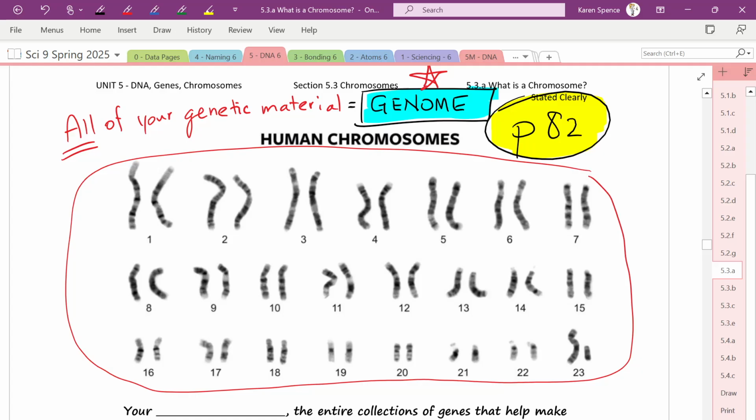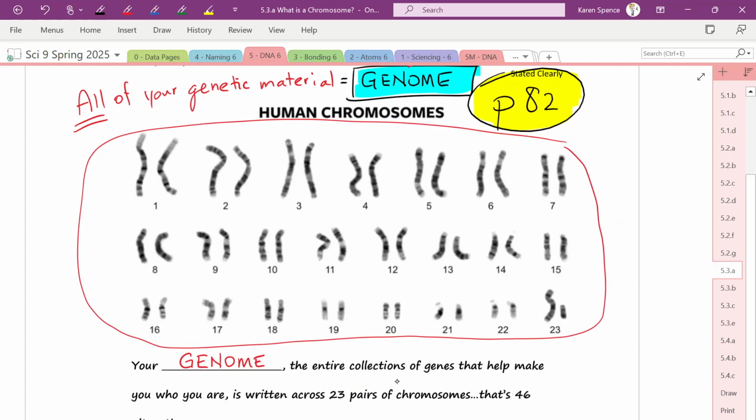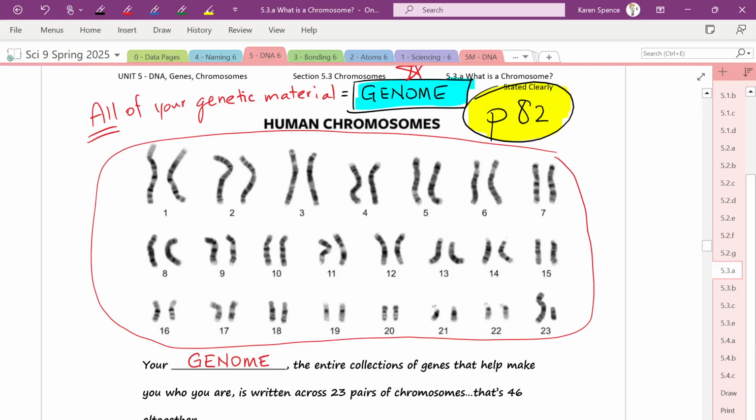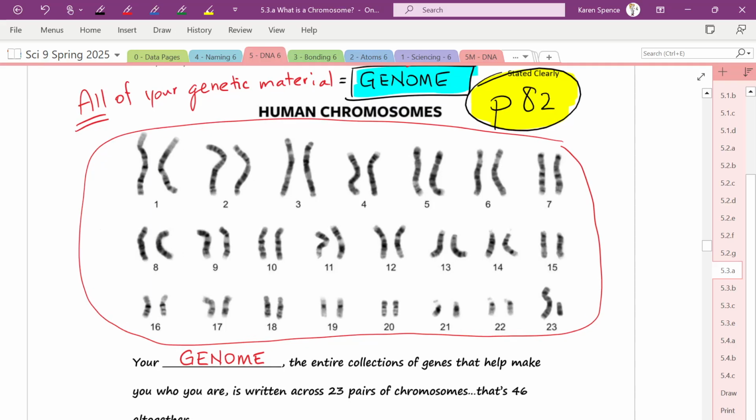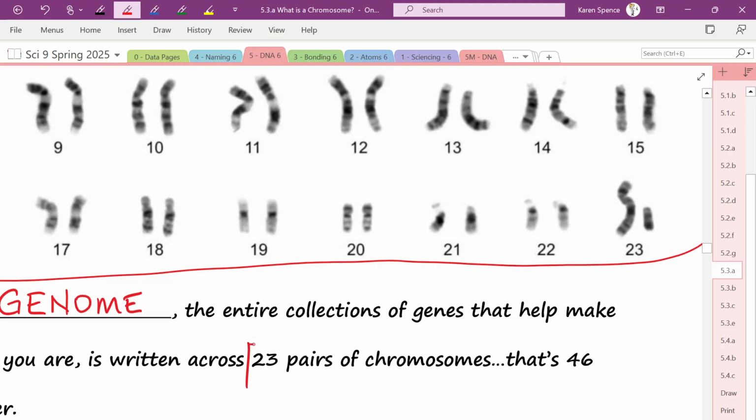So we can use that word down in this sentence. Your genome, which is the entire collection of genes that help make up who you are, is written across 23 pairs. You need to know that there's 23 pairs.